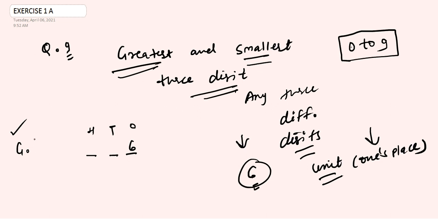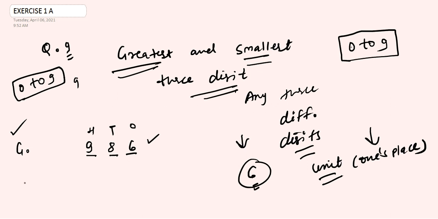So you know very clearly that from 0 to 9, the greatest number is 9. So write 9. Already 9 we have used here, so after 9, which is the greatest number here? That is 8. So the greatest 3-digit number is 986.